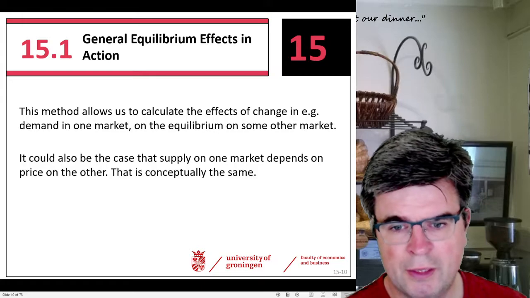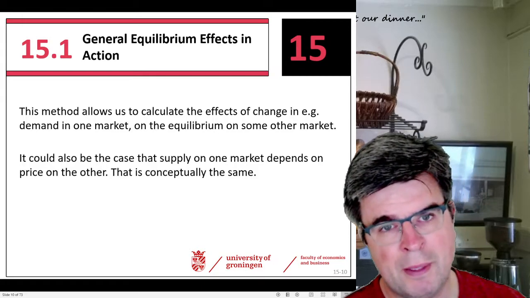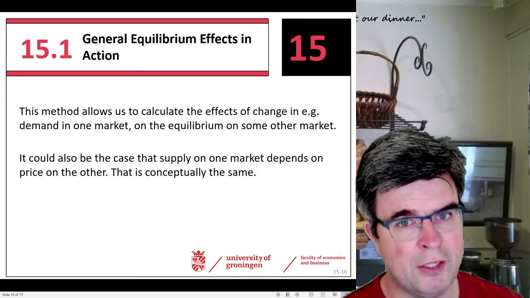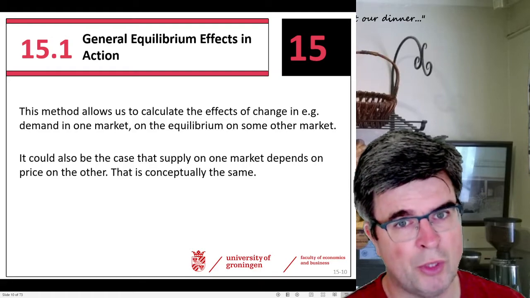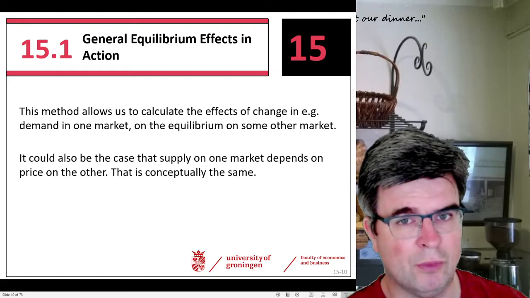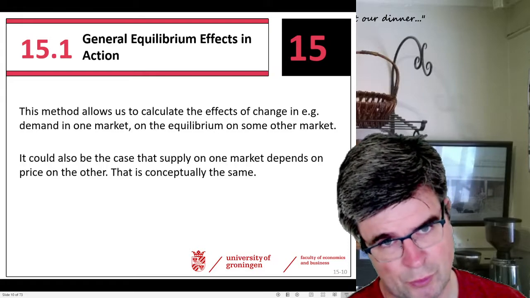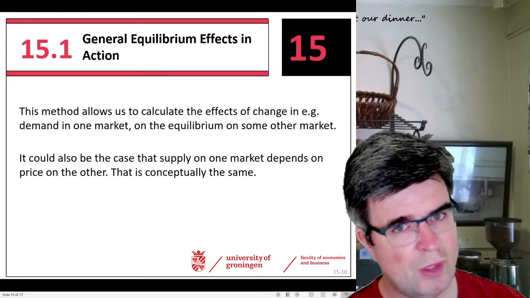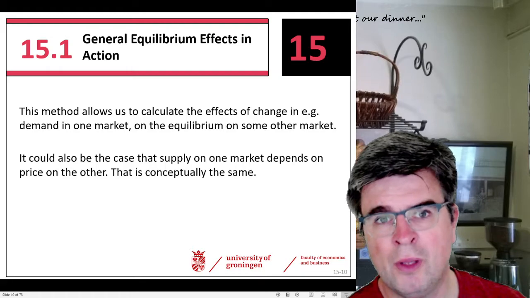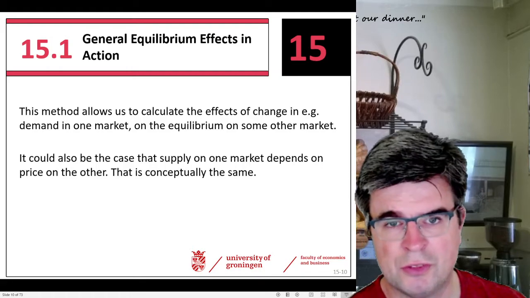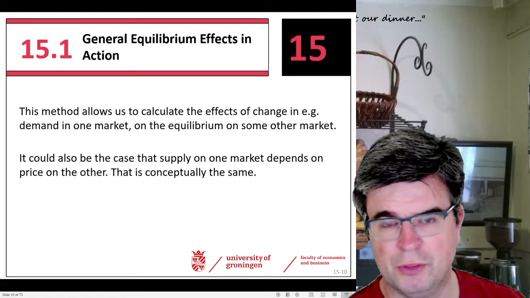And we did here an example where the dependency between the two markets was via the demand functions. So the demand for one good positively dependent on the price of the other good, the price in the other market. Of course, you could just as well let this interconnectedness run via the supply function.